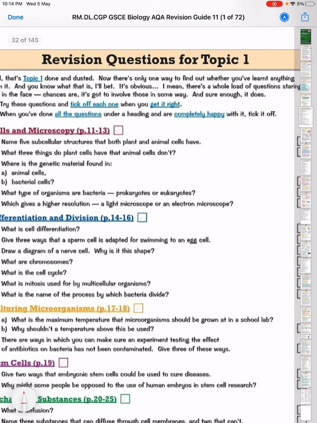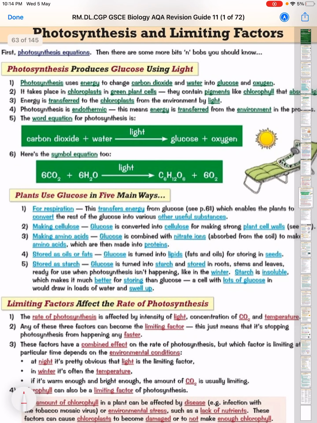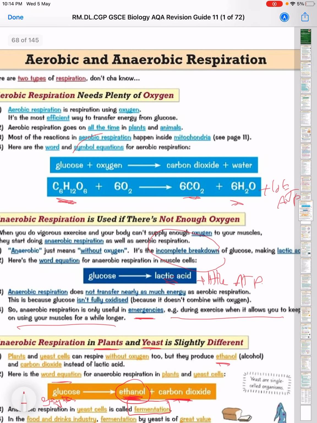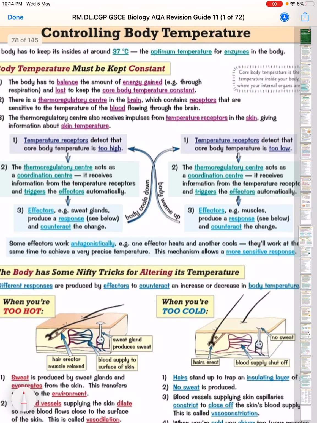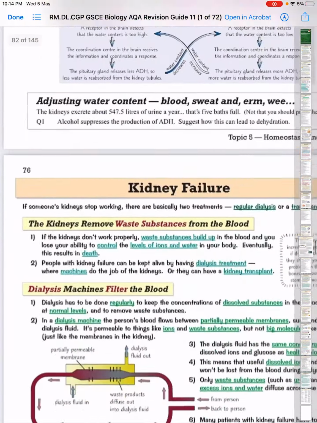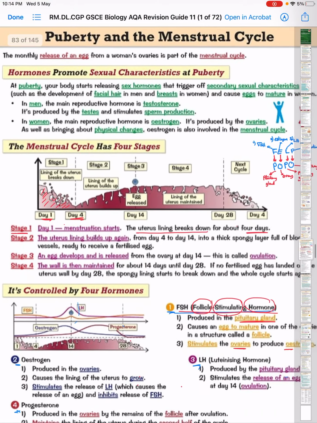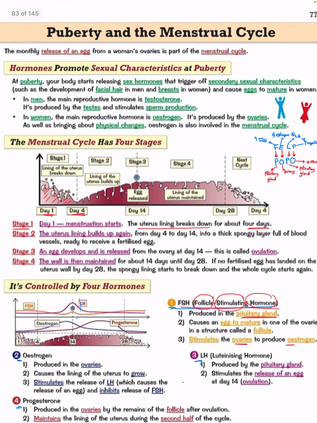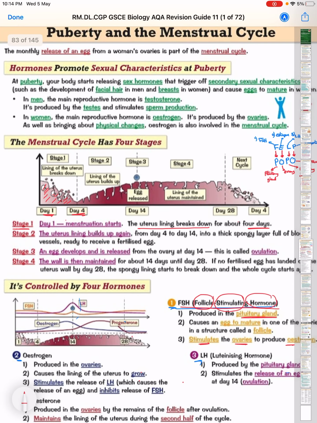Okay, here we go. So this FSH will basically stimulate the ovary to produce the estrogen.